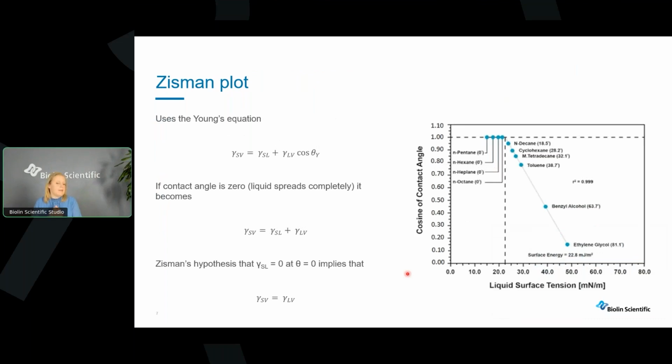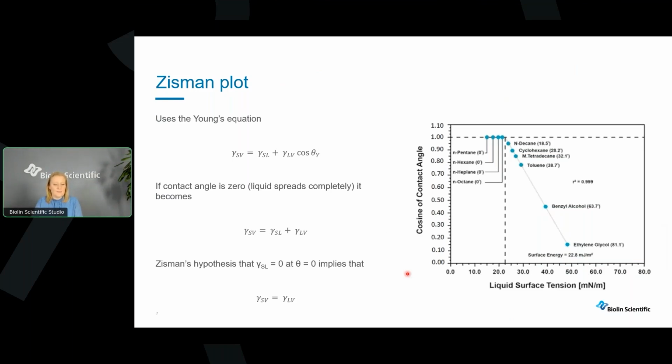So then if we start to go through, one by one, different surface free energy theories. The first one that I'm just going to mention is a Zisman plot, because you might come across this in the literature.